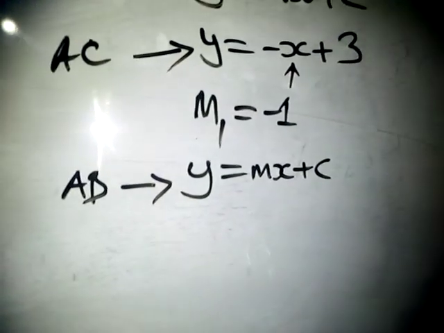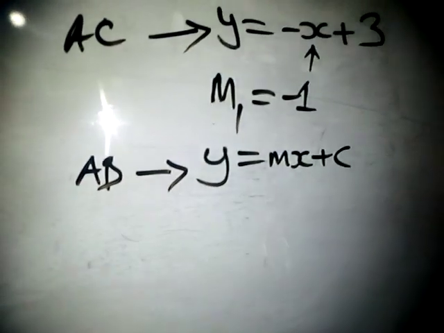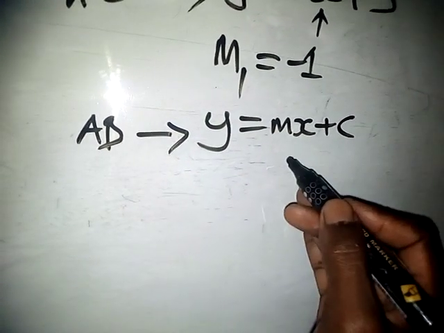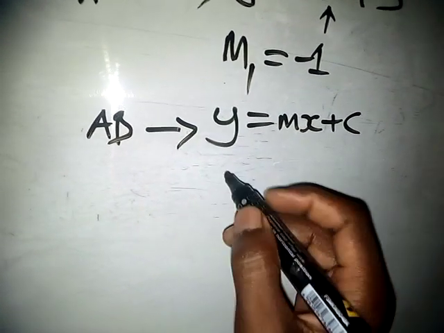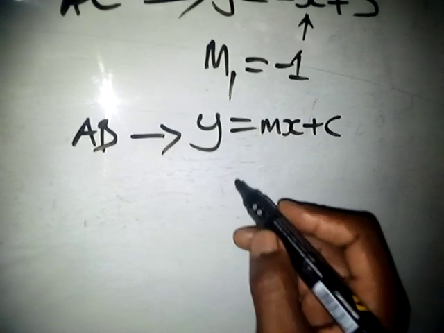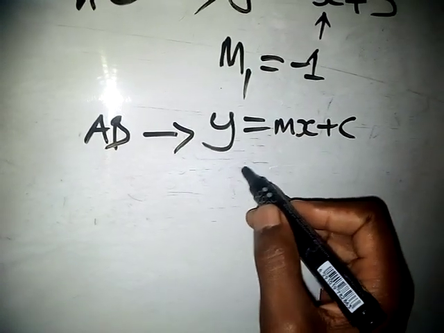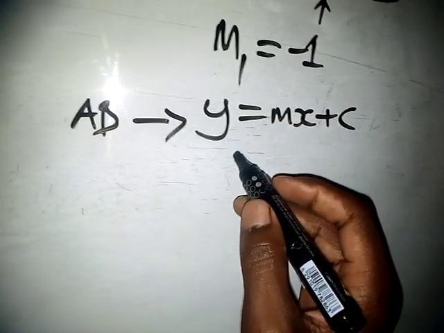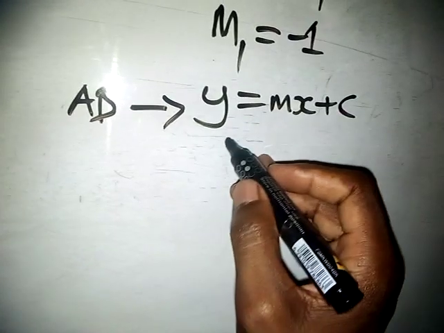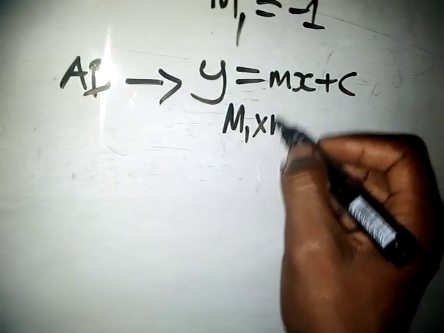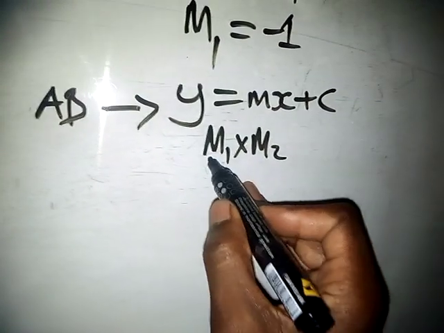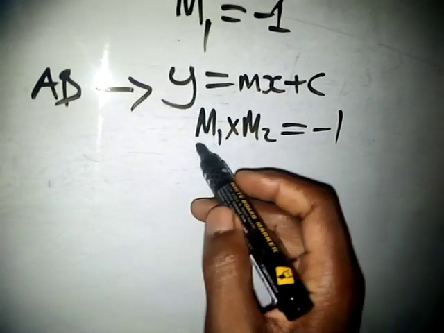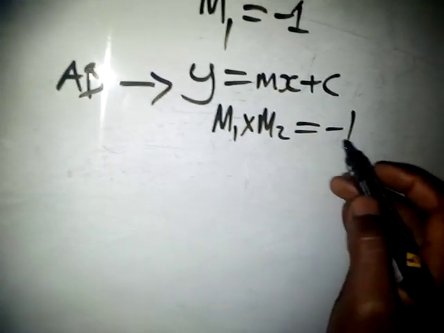So now we need to find the gradient of this line AB. How? We're going to use the concept of the gradients of perpendicular lines: the product of the gradients of perpendicular lines equals -1.